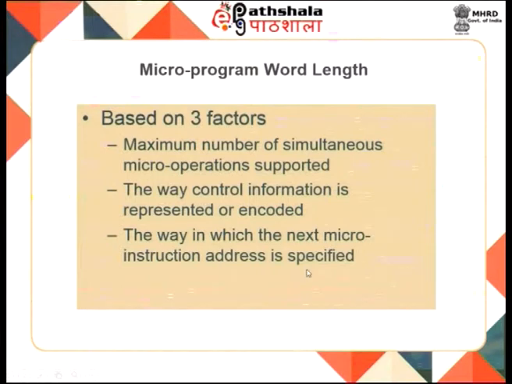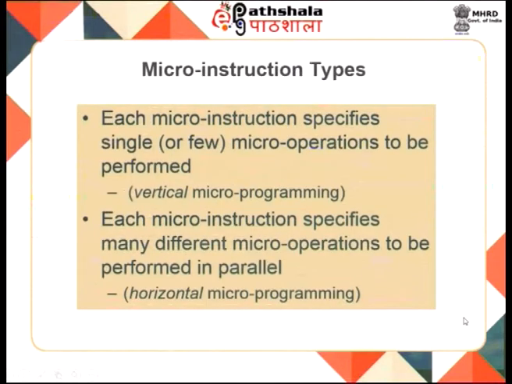So, as each micro operation is executed based on a control word, you should also be able to specify where to get the next micro instruction or the control word from. So, that is the next instruction address. So, these are the three main factors which decide the length of your control words.